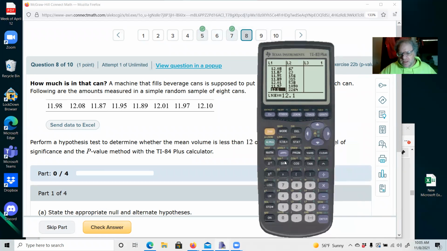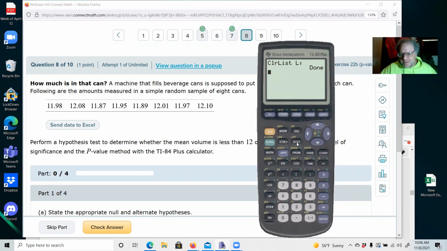This looks good. We're going to go to stat, test, enter. We're choosing data. In this case, what are we checking for? We're checking if it's 12. Oh, I went z-test, sorry. They give us sigma versus not.